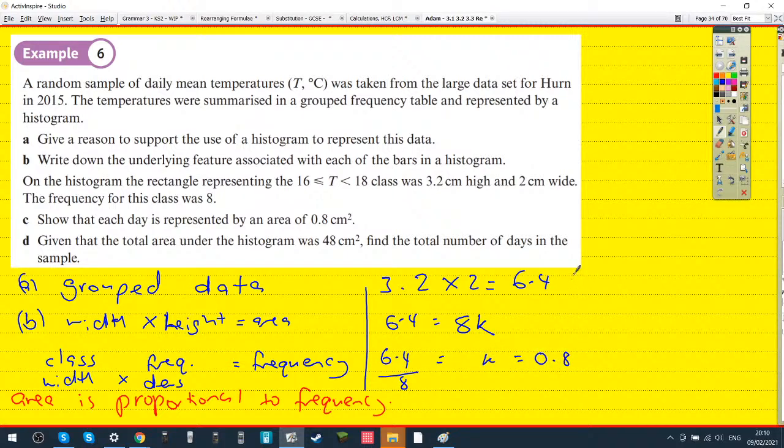And how about D? So it's 48, the area under the histogram. Total area under the histogram, all the rectangles added up.